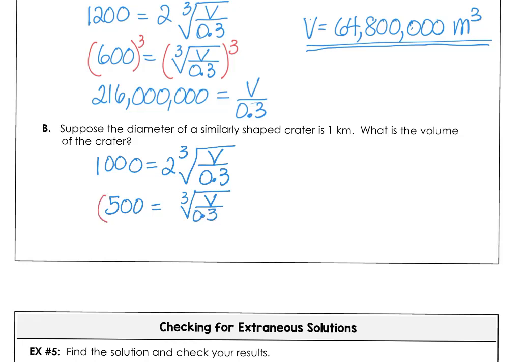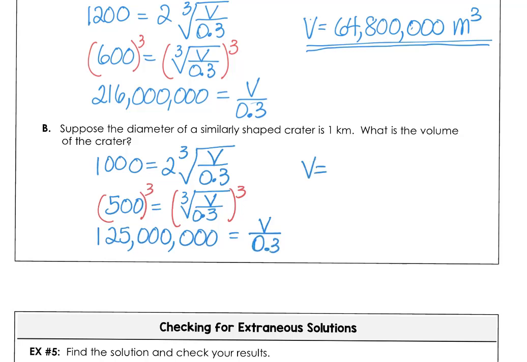So we want to cube both sides to eliminate the cube root, and we have 125 million is the volume divided by 3/10. So multiplying both sides by 3/10, the volume is 37,500,000 cubic meters.